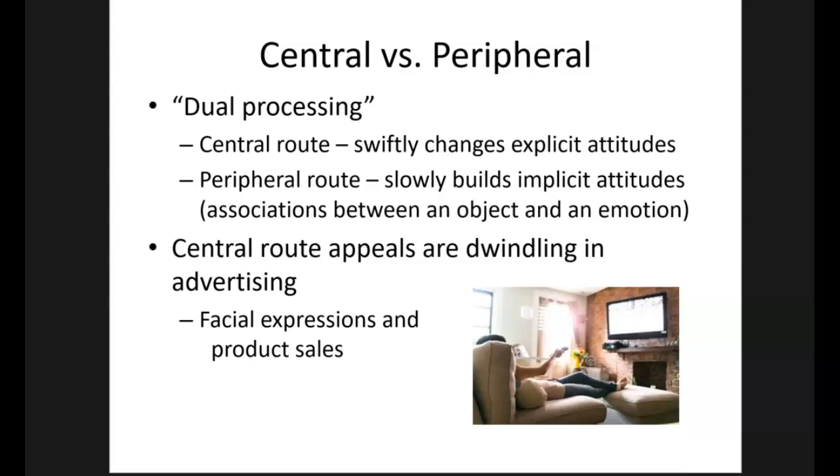While the peripheral route is definitely system 1, it's focusing on just our emotions, our immediate reactions to things. And it can slowly build those implicit attitudes. We're making associations between an object and an emotion. And actually, this is classical conditioning at its best, harking back to Gen Psych. But it's just quick and easy and doesn't require a lot of effort.